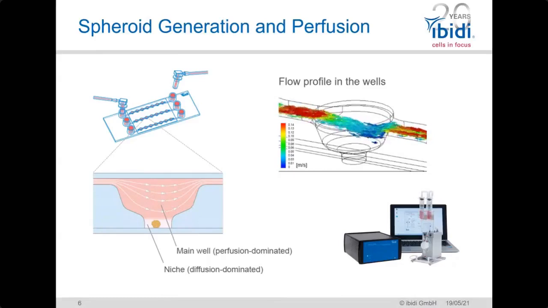But there is no flow in the little niche where the spheroids are growing. So this means the spheroid is not flowed away or affected by the flow, but the optimal nutrition and gas supply is still ensured in this little niche here.